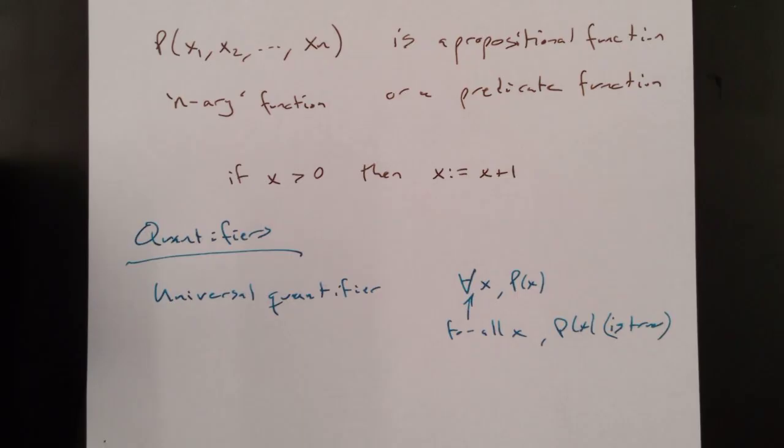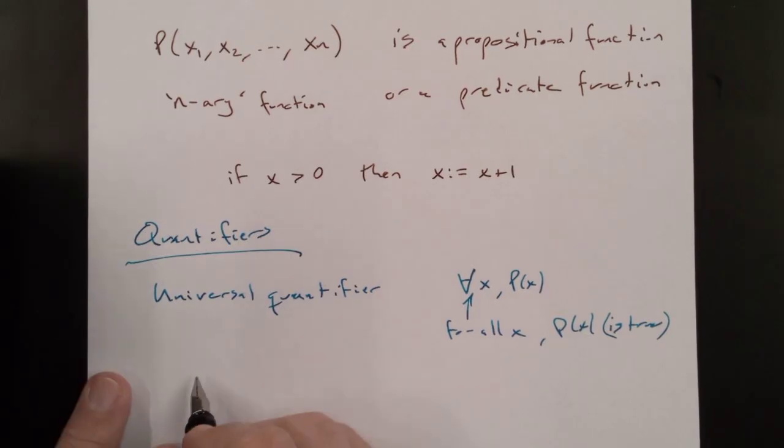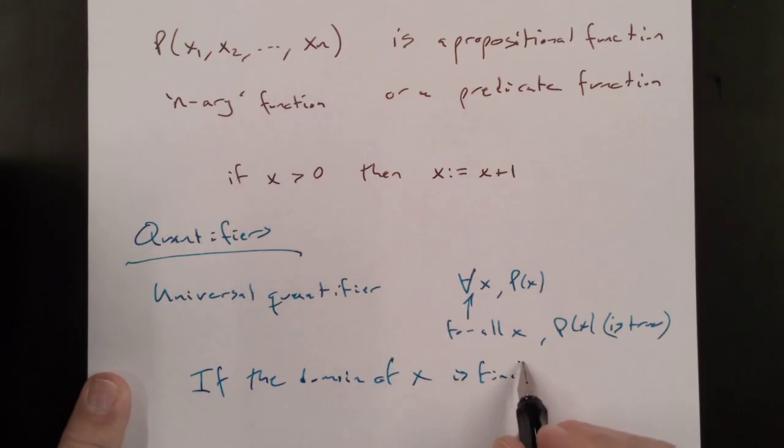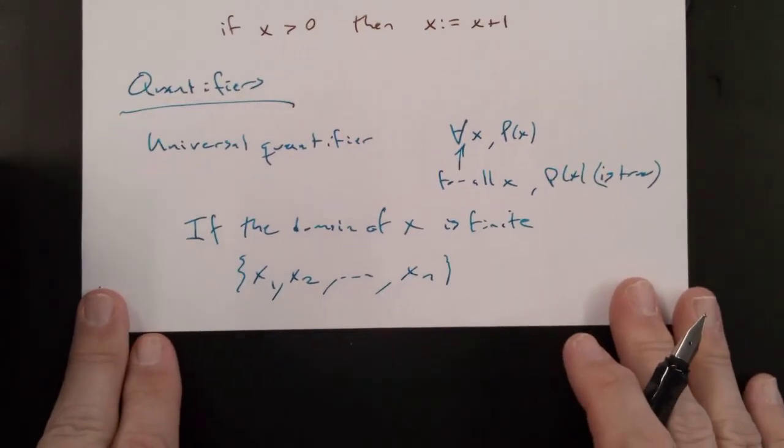Notice if the domain is finite, this is really an and statement. If the domain of x is finite, well, that means x1, x2, all the way up to however many there are, right?